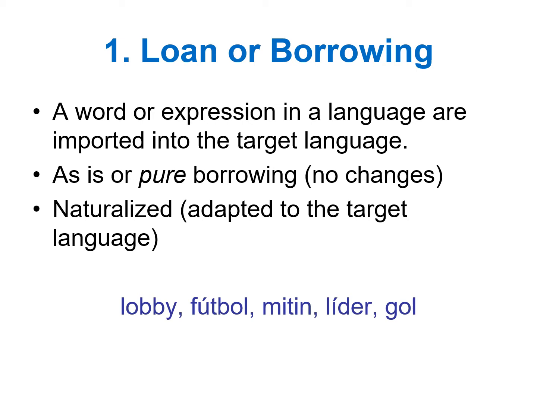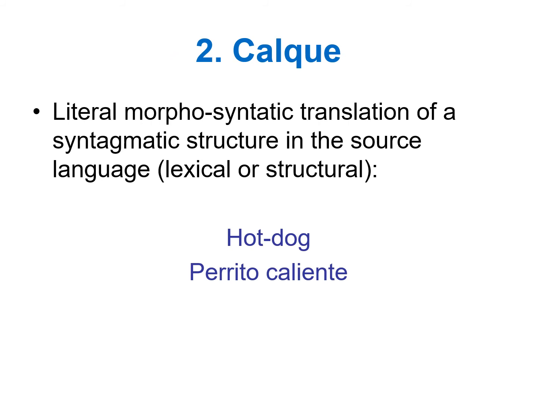In Spanish, at least in Castilian, a meeting is not only a meeting as such, it's a party political meeting, so it's a political rally. So as we can see, a meeting is a borrowing from another language. It's a naturalized borrowing, and in addition to that, it has modified the meaning. Leader, goal, etc. So these are loans or borrowings. Then we have calques.